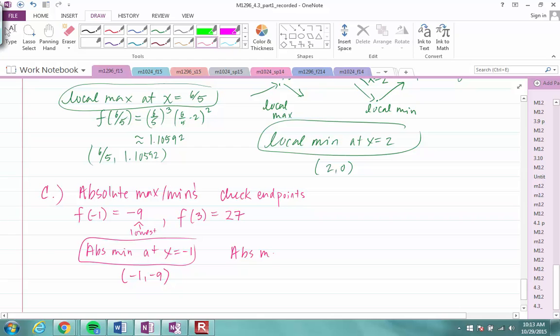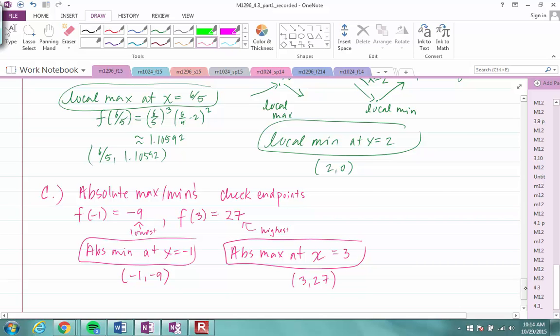The absolute max, we guarantee you have at least one, is going to be at the high point. So we have about 1.1 versus 27 versus 0. That's going to be at the right endpoint, at x equals 3, or reported as a point, it would be (3, 27).